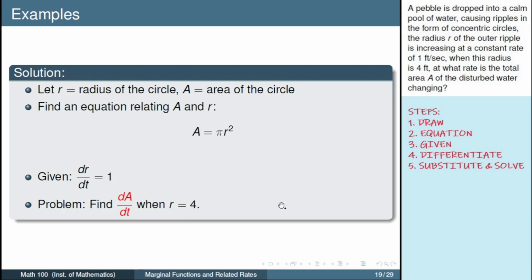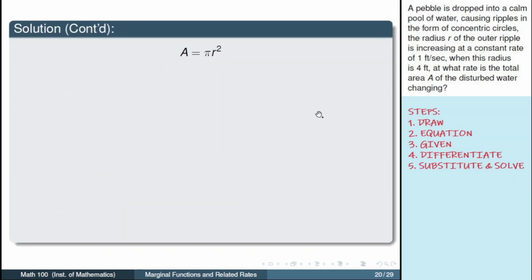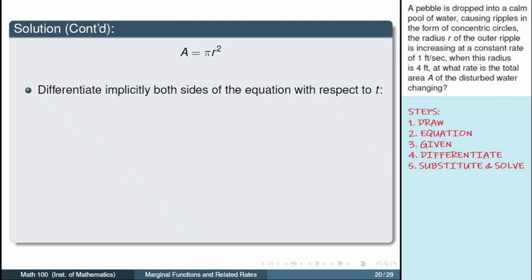Next step would be to differentiate our equation, A equals pi r squared. Okay? So, ang derivative ng A with respect to t, ang derivative ng A ay 1, but by chain rule, we put dA over dt. And then, here, we have pi. Copy lang natin. Ang derivative ng r squared ay 2r. And then, we put, again, dr over dt since we're differentiating with respect to time.